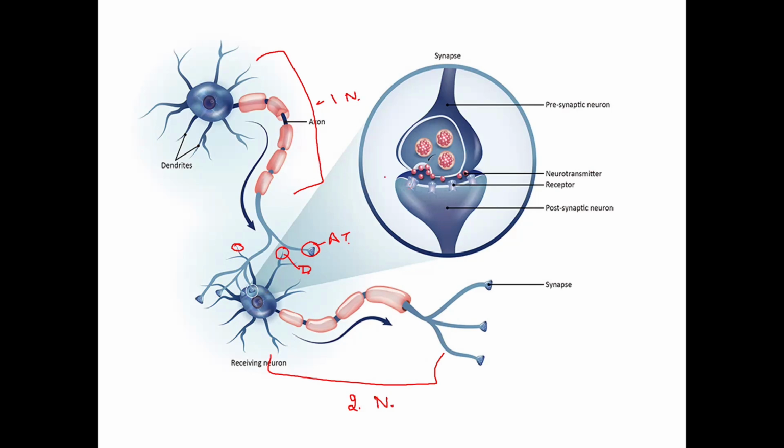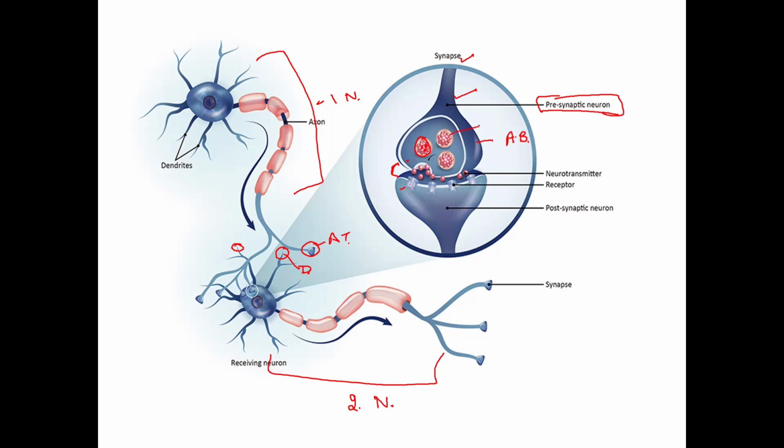Look at the magnified version. The synapse is the minute gap between two neurons. The presynaptic neuron is the first. There are some chemicals present inside the axon button, or axon terminal.